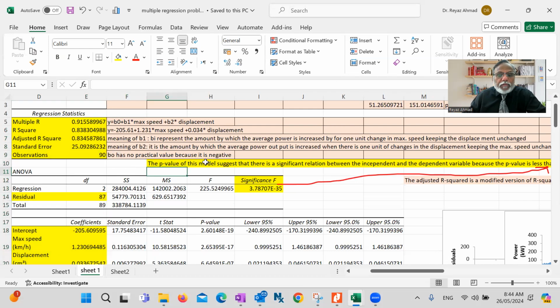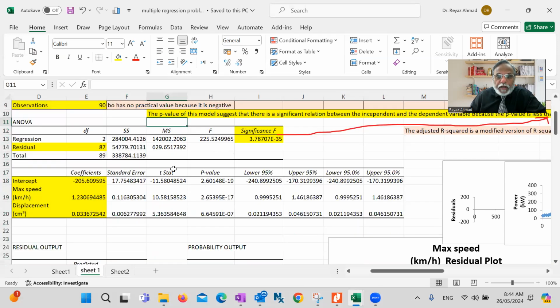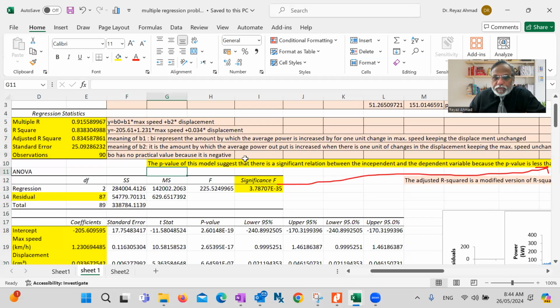B0 has no practical value because it is negative in this case. If you write this, the answer of question C is done. This is enough to write, not to indulge in too much writing. You already have these answers in this sheet. So the answer of question C is done.